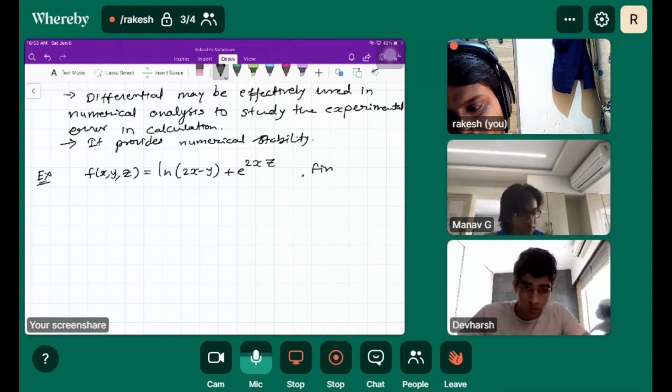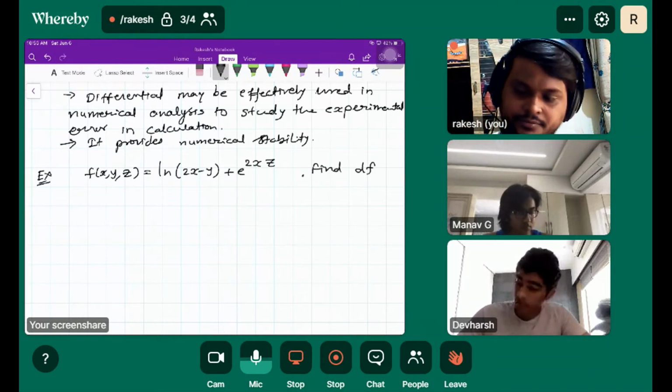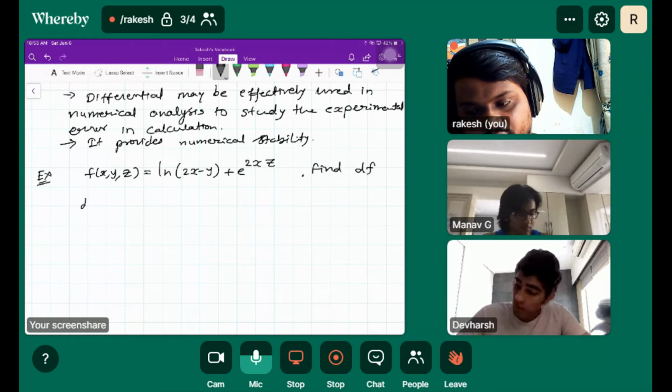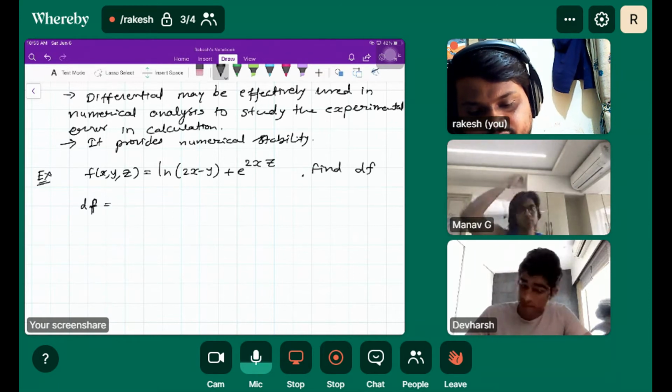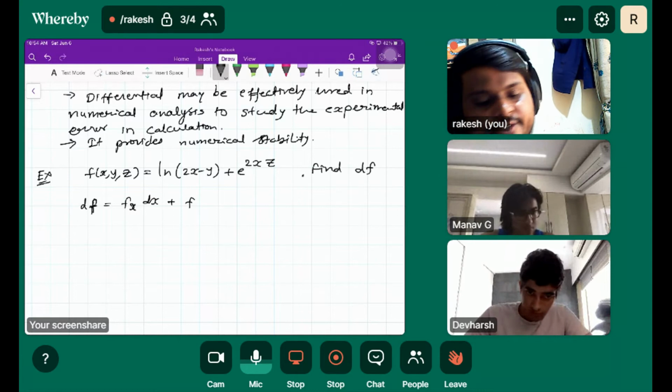We have to find df. So to find df, what is the formula? df is the differential of the function, so the formula is fx dx plus fy dy.